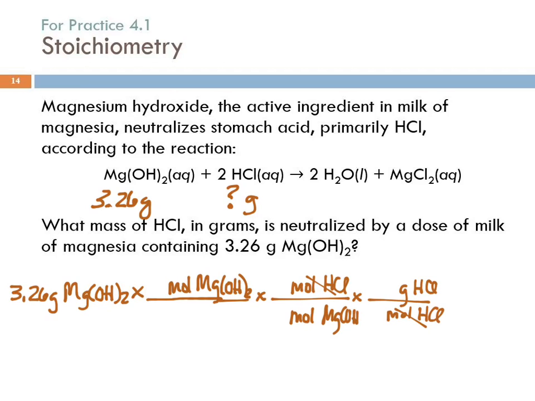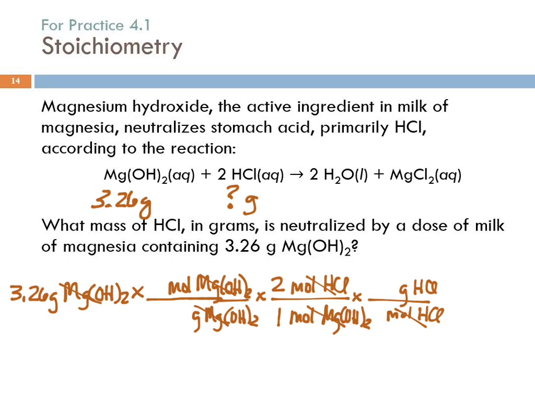It's just so beautiful. I know I'm crazy. Three terms. We need numbers. The middle one's the easy one. Balanced chemical equation: 1 mole of this gives 2 moles of that. 1 mole of magnesium hydroxide, 2 moles of HCl.